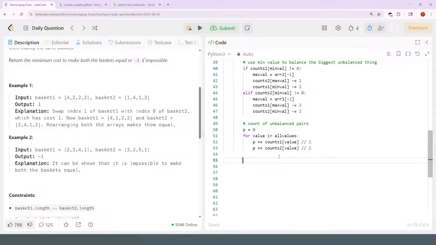So I have my sorted all values, and then for every, so while p is greater than 0, let's use an index here. Well, actually, maybe I can just use a break in the for loop. For every index in range of the number of pairs, the length of all values.